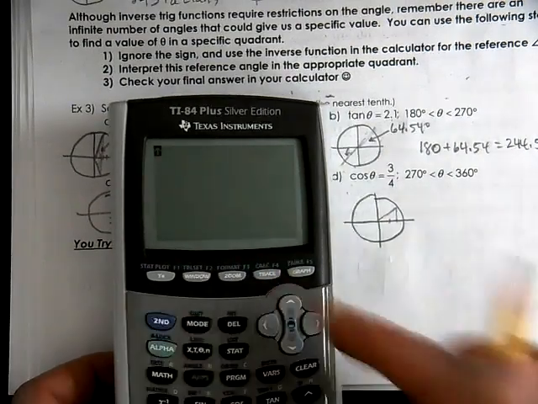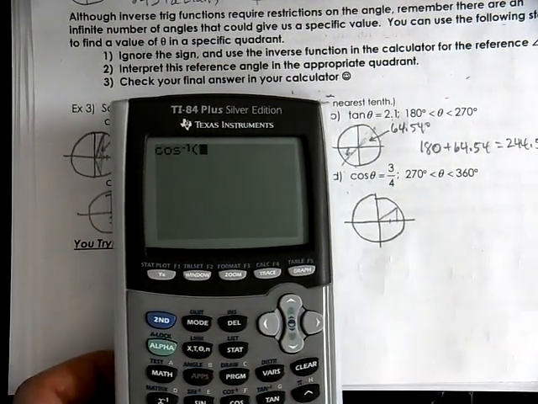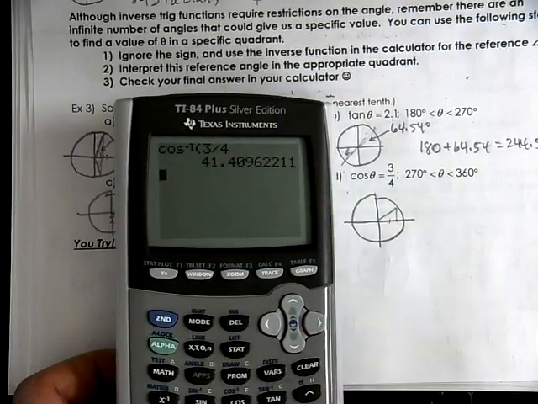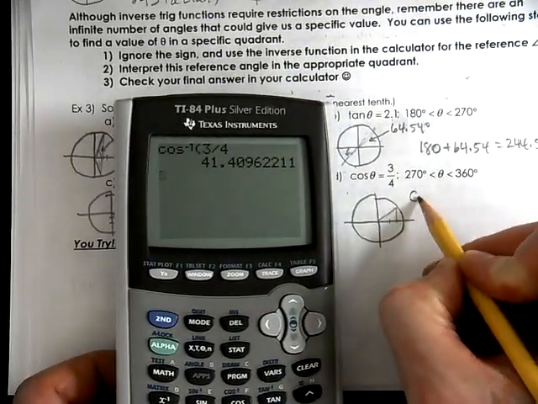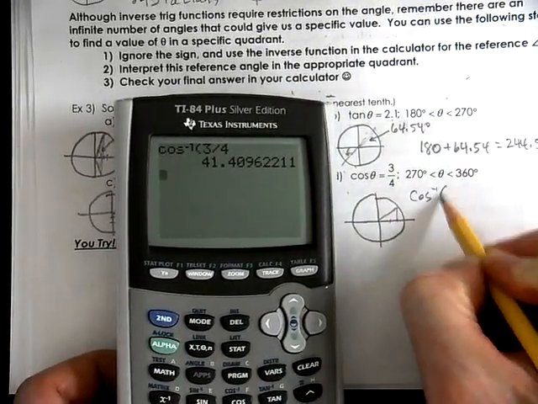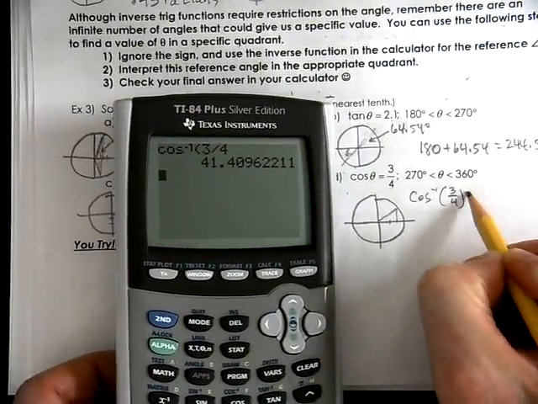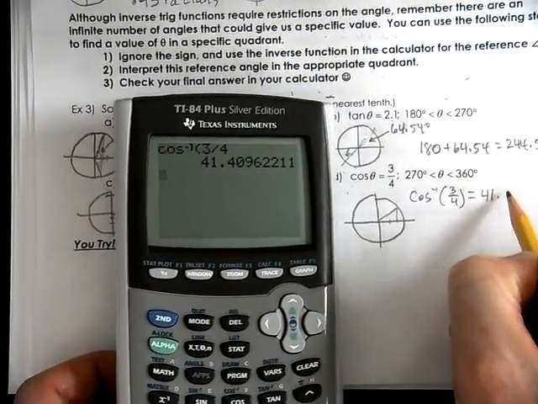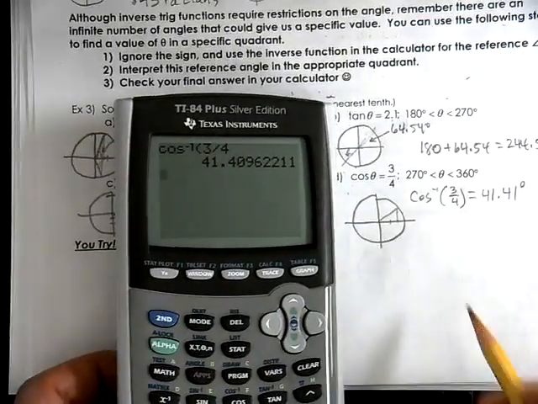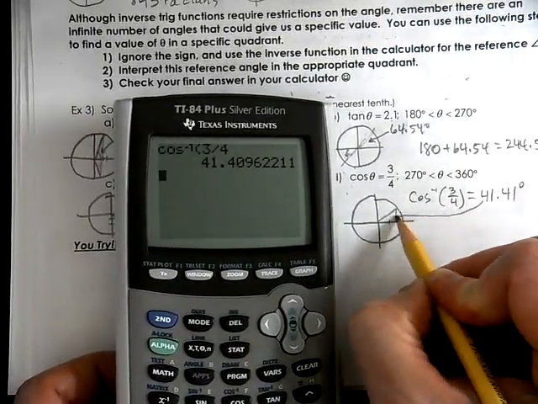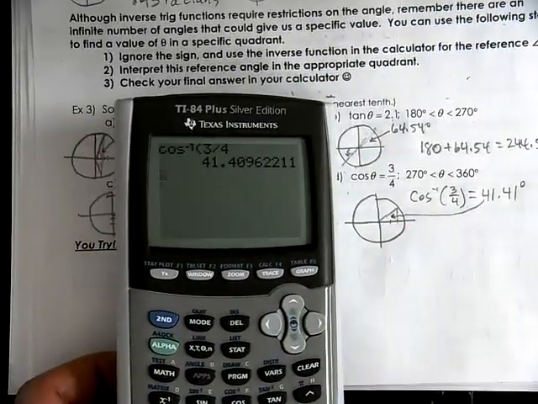No, it's got to be cosine inverse. The answer just didn't make sense. 3 divided by 4. Cosine inverse of 3 over 4 is 41.41 degrees. So this is a 41 degree angle.